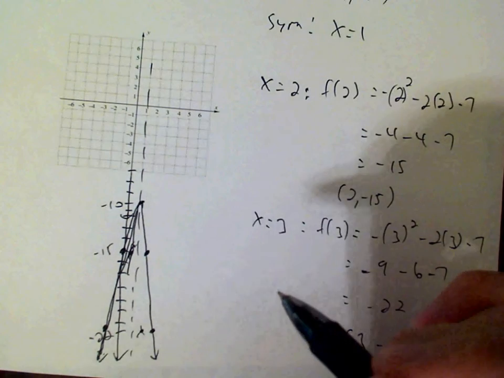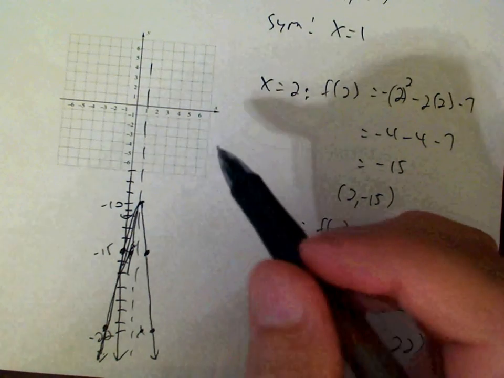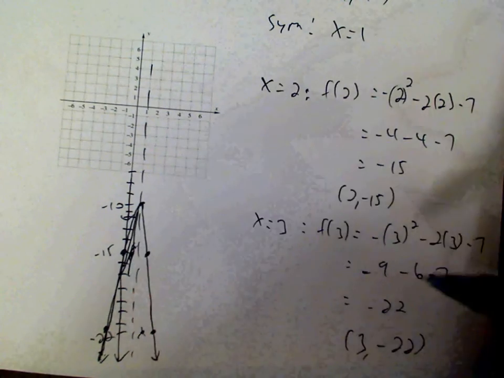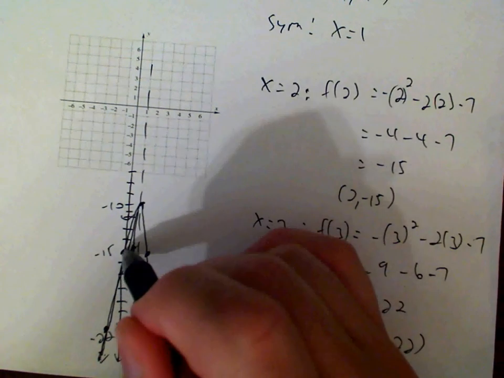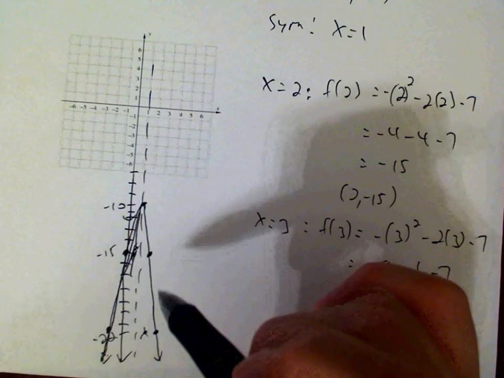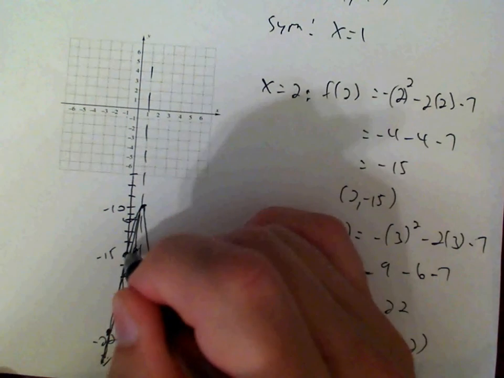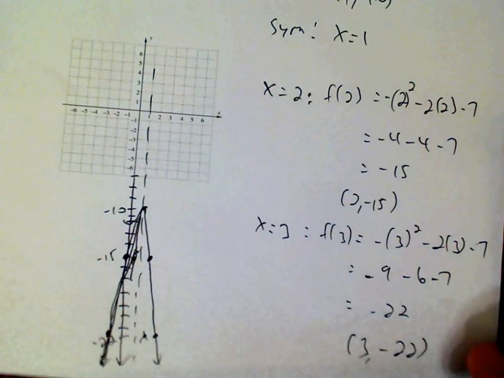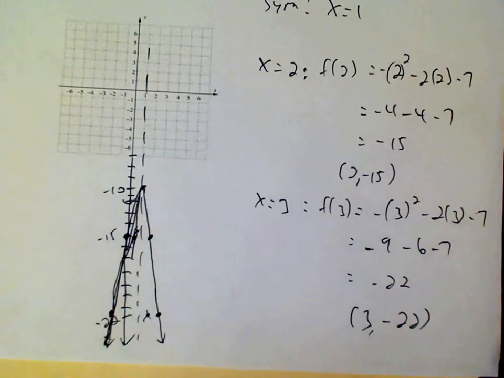But that's okay. Since the 2 was 1 over from 1, then this point, the one symmetrical to it, should have been at 0. But that's okay. If this were extended more, you would have been able to see that. So make sure you got it going to the right points. And that's how you graph a parabola. Same process, just make sure you get all the math correct.